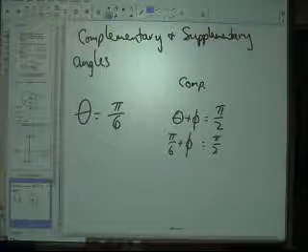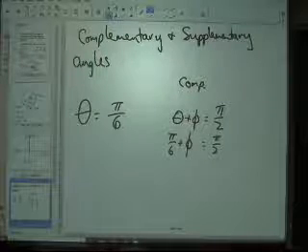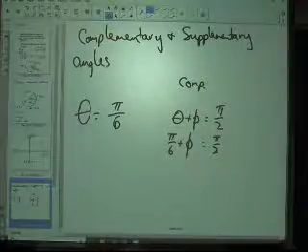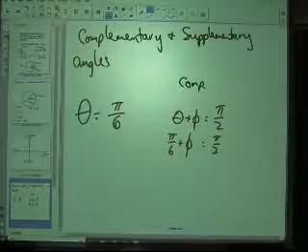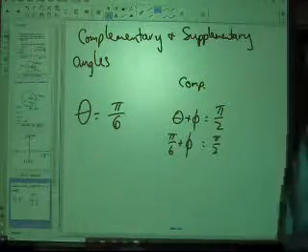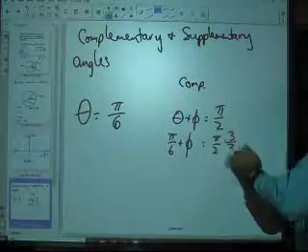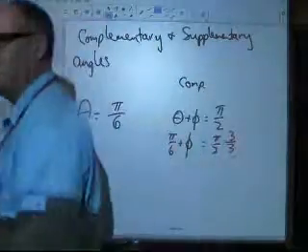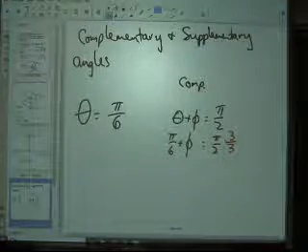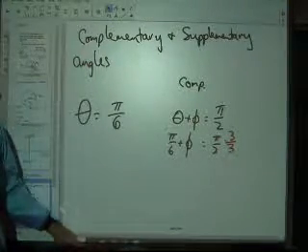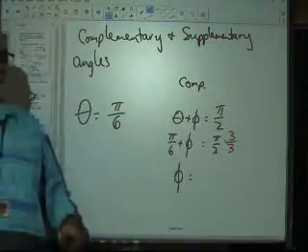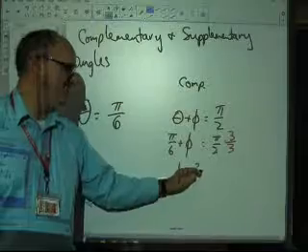Now, in order for us to simplify this, what has to exist? We have fractions, correct? In order for fractions to be subtracted or added, we need a common denominator. So let's multiply by 1. If I take pi over 2 and multiply it times 3 over 3, that gives 3 pi over 6.